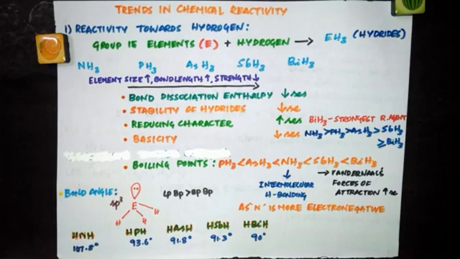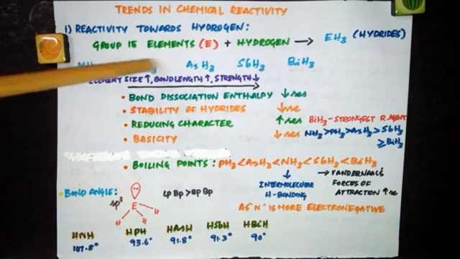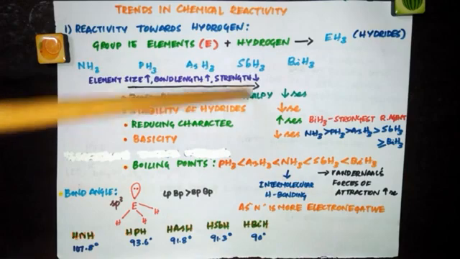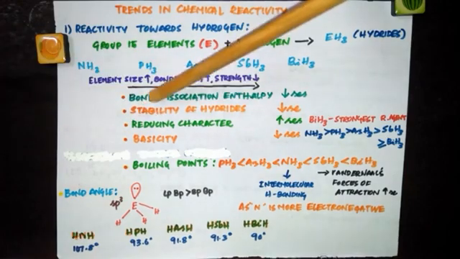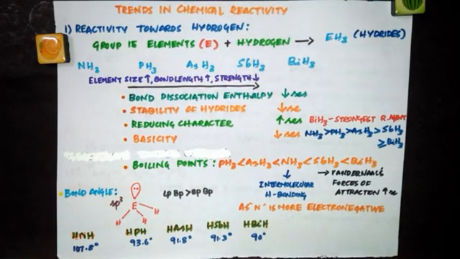When we say bond strength decreases, do you think it's easier to break the bond or difficult? Obviously it will be easier to break the bond as the strength decreases. So you need to give less energy as the strength decreases. So in this order, bond dissociation enthalpy decreases. What is bond dissociation enthalpy? The amount of energy required to break the bond.